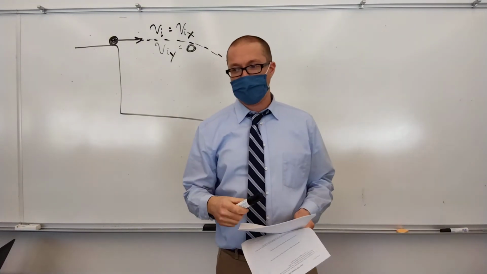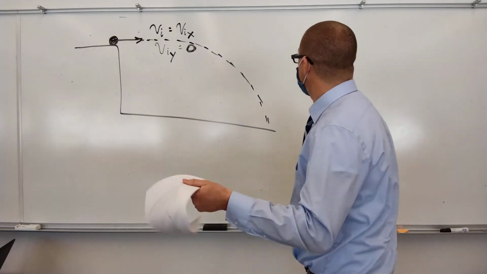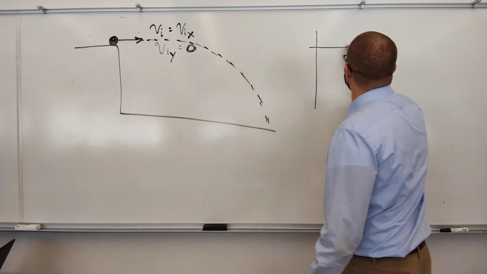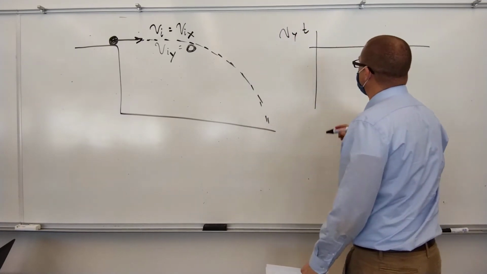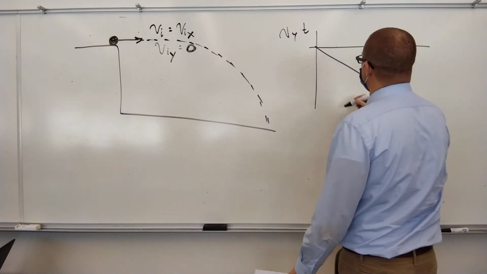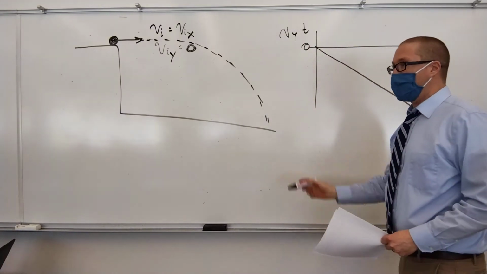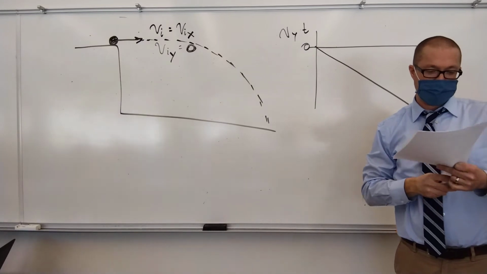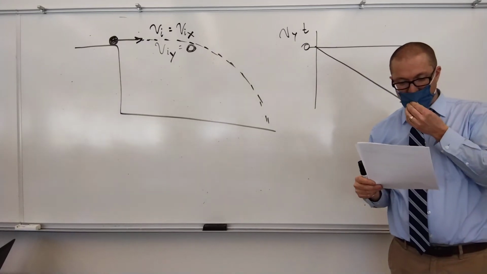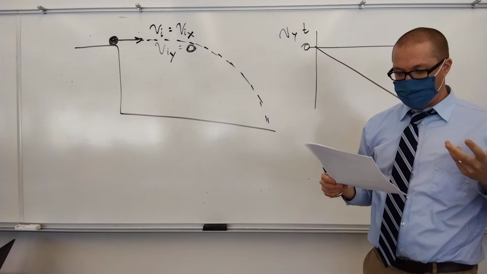If you go back and look at the graph we made for Vy versus t, it started off at 0 and then got greater in the negative direction because it's going down.